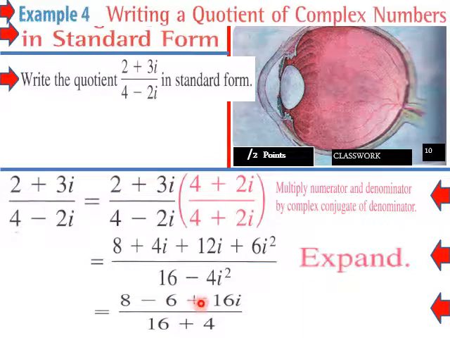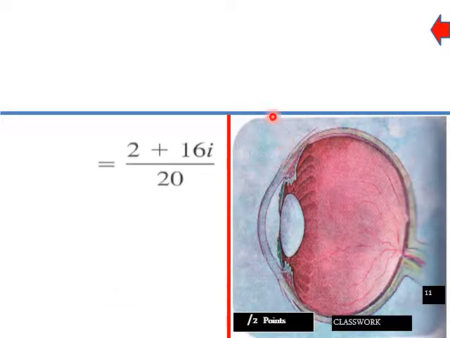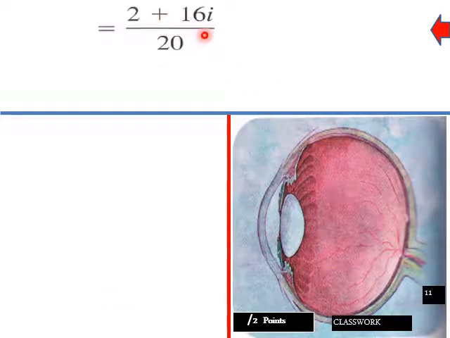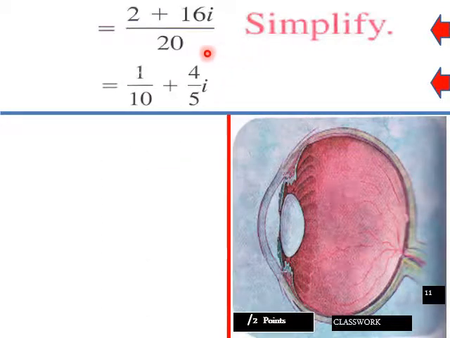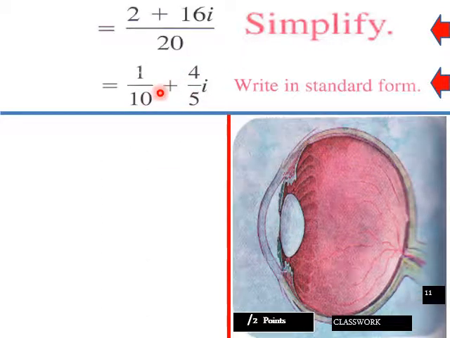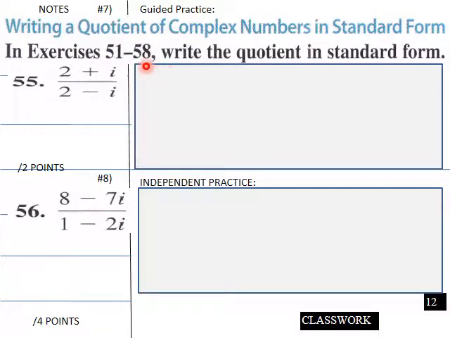Then we have 8 minus 6 + 16i over 16 + 4, meaning i squared becomes negative 1 and this becomes positive. We end up with (2 + 16i) over 20. That simplifies, and this is our complex number written in standard form.